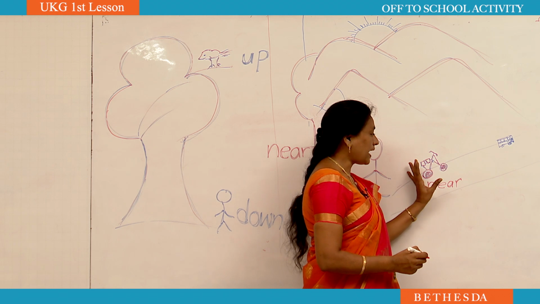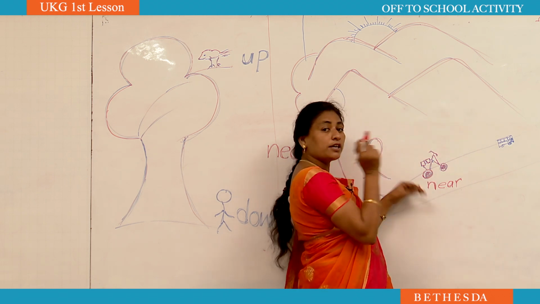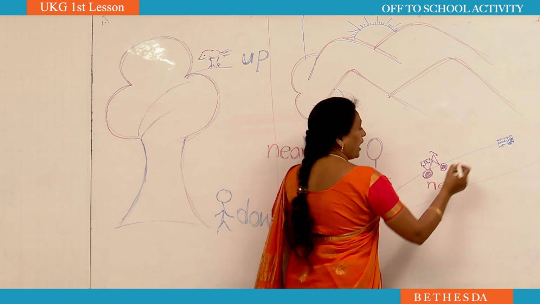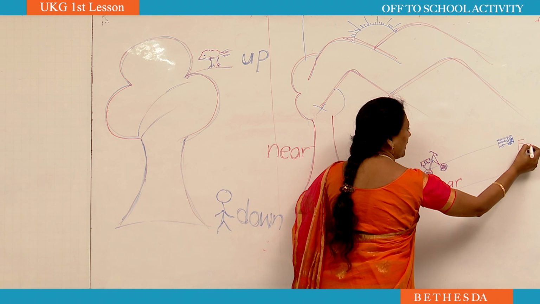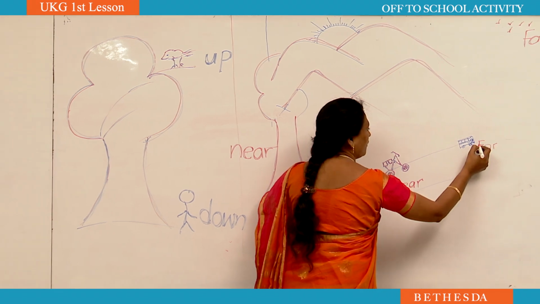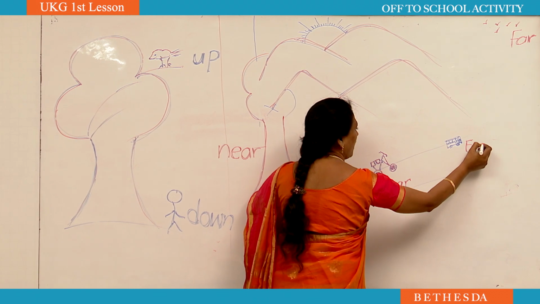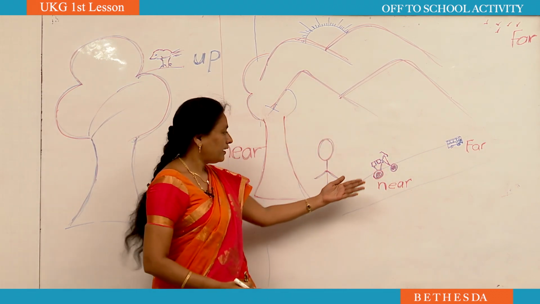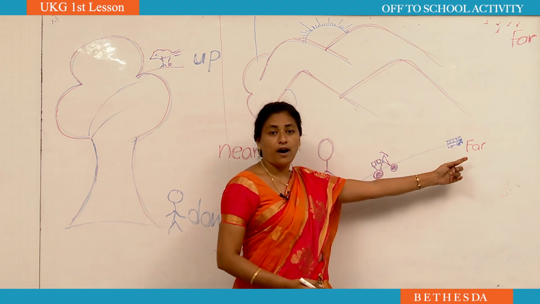Near. This cycle is near to teacher. That bus is far to teacher. You have to write the far spelling. F-A-R. Far. This cycle is near and the bus is far.